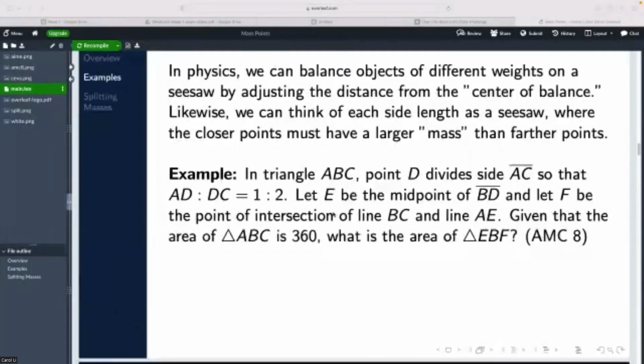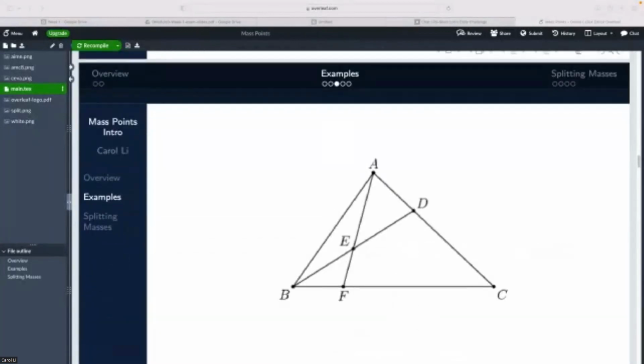It might be a little more difficult. I don't know if I can annotate on here. Let me switch up really quickly. Oh, I see. Actually, I'll share. I'll just share.